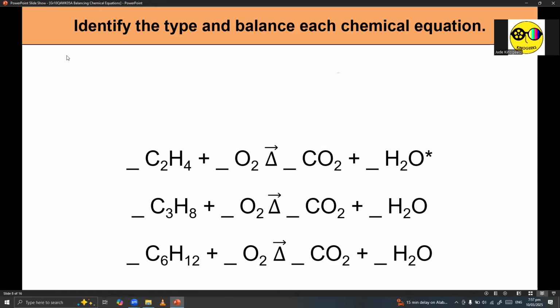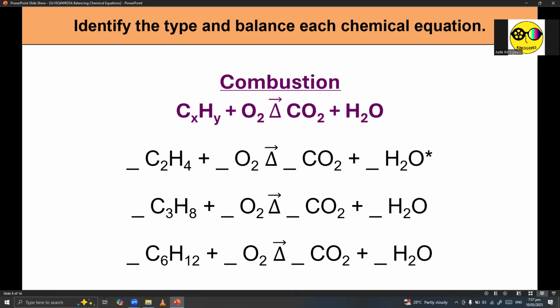Okay, so these three equations, as you notice, all of them begin with a hydrocarbon or a compound containing hydrogen and carbon, and then you burn them with oxygen gas, and then the products are always carbon dioxide, CO2, and water, H2O. So they follow a specific formula wherein combustion happens. In combustion, there are three reagents repeating, and that's O2, CO2, and H2O.